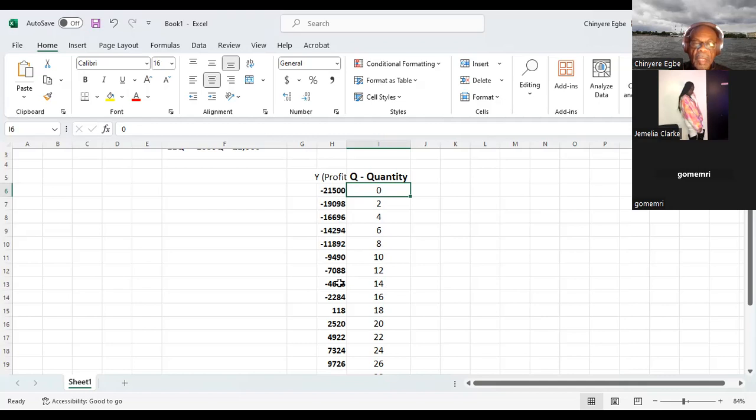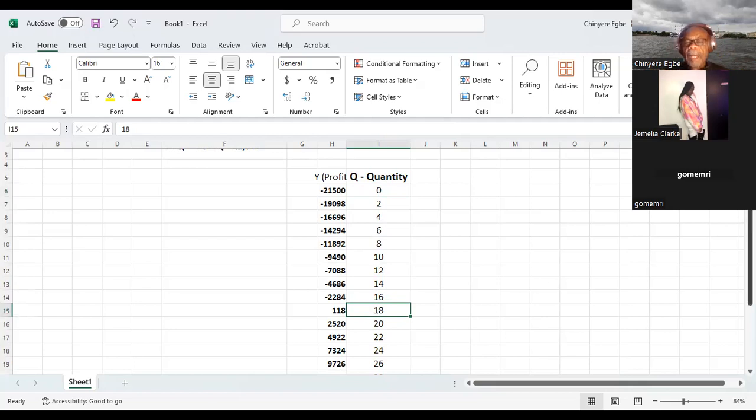You produce 14, you're losing money. You produce 16, you're losing money. At what point did you start making a profit? From 18, actually between 17 and 18. Am I correct? I mean, between 16 and 18, which is probably somewhere in 17. Am I correct? Yes, Professor. So you must produce 18 at least to begin to make money, right?